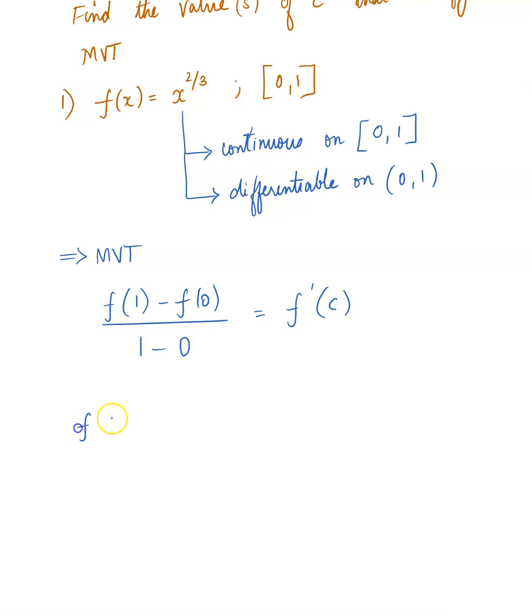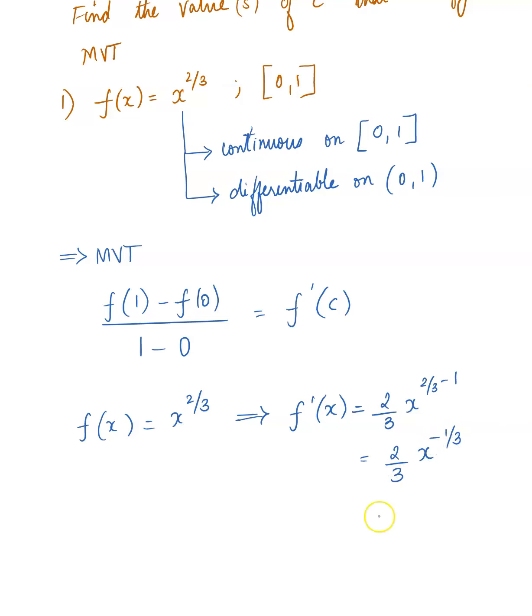So f of x is x power 2 over 3. This implies f prime of x will be 2 over 3 x power 2 over 3 minus 1, 2 over 3 x power negative 1 over 3. Oh, that's 2 over 3 and x power 1 over 3 in the bottom. Got that side.